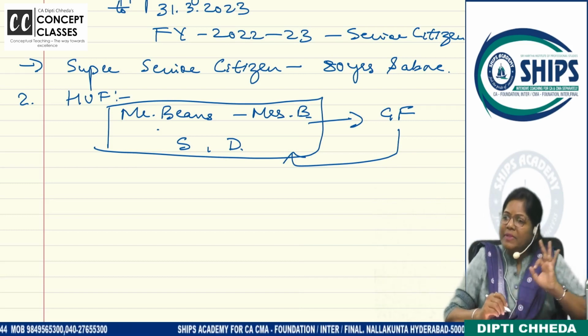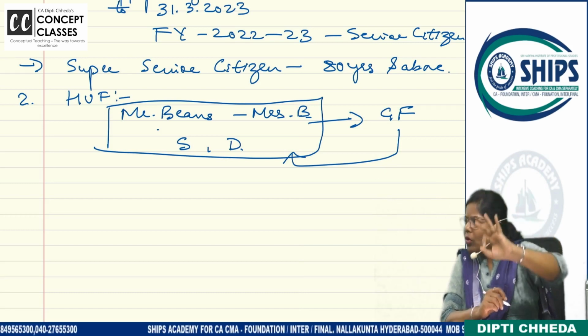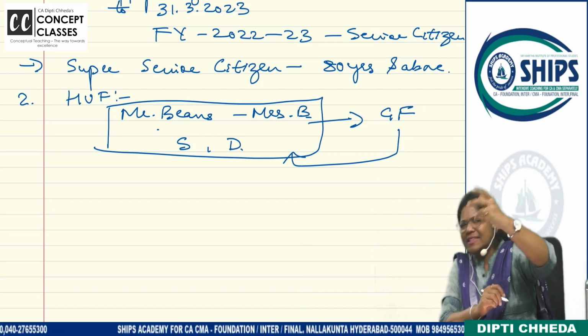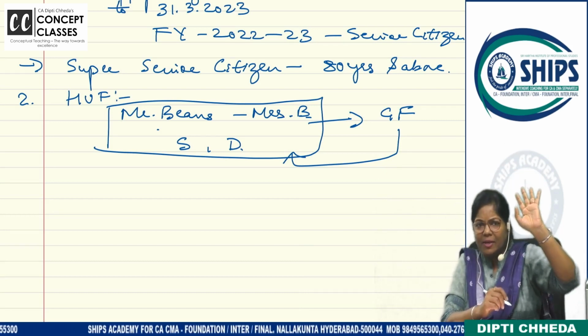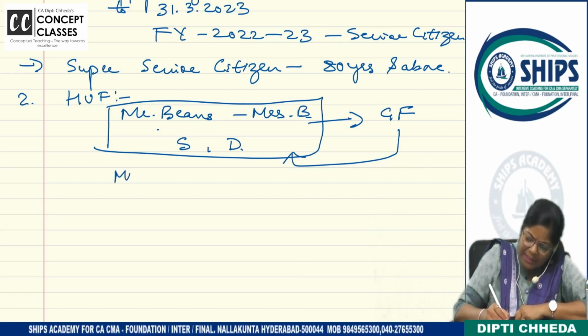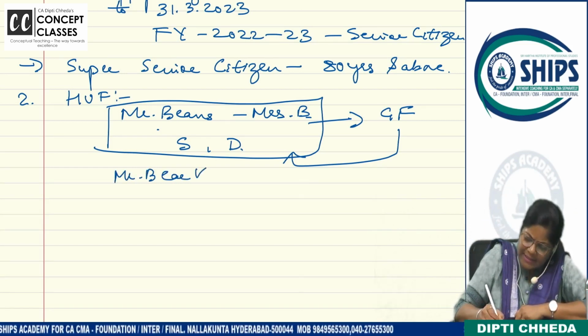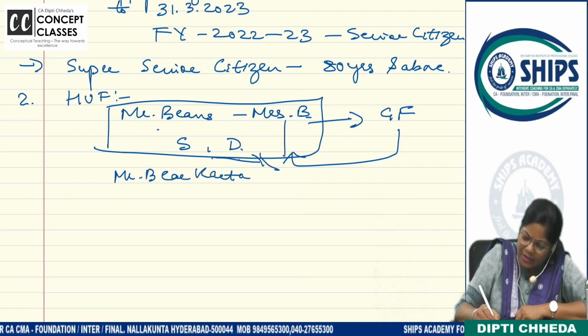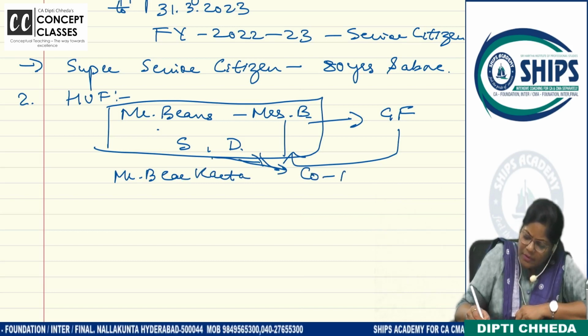So now Mr. Beans will file his own income pay own return. He is working in an MNC salary income. Whatever is the family income, Mr. Beans is called as Karta. And all these three are called as what?